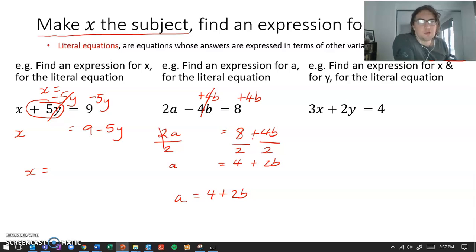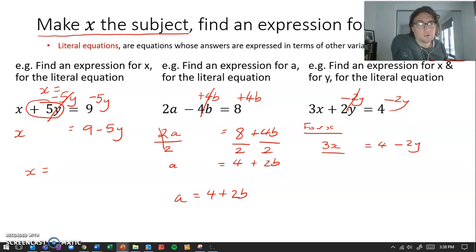Alright, last example. Find an expression for x and for y for the literal equation 3x plus 2y is equal to 4. I'm going to do it twice here, so let's do it quickly. For x, I'm going to get rid of 2y, so minus 2y from both sides, and you get 3x is equal to 4 minus 2y.